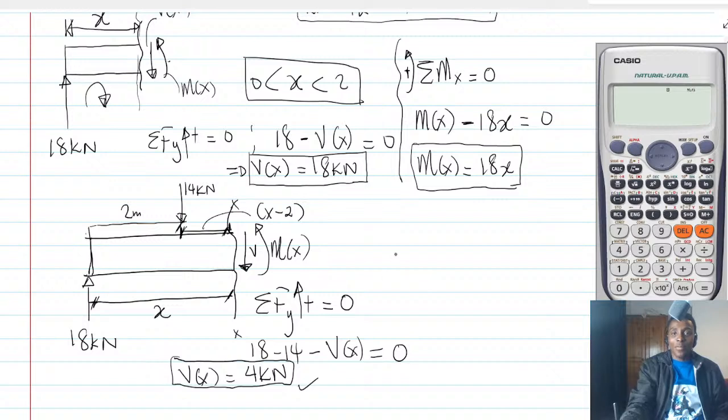Now, with the moment, right? So we are going to sum moment, isn't it? Alright. Again, summation of moment about x is 0. So clockwise is positive, right?